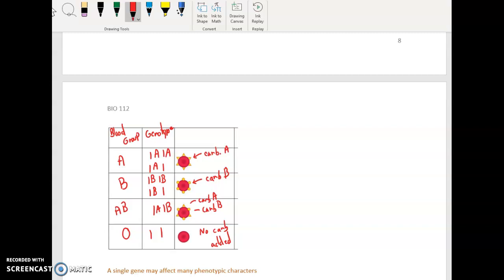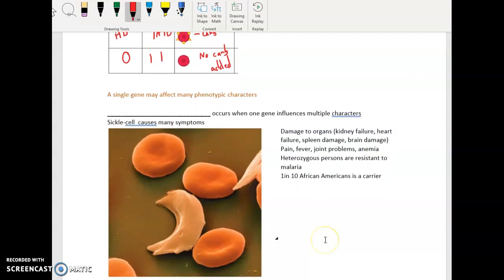Okay, so sometimes a single gene can affect many phenotypical characteristics. This is pleiotropy, and the example given in your textbook is sickle cell. Sickle cell causes damage to organs. It causes pain, fever, joint problems, anemia. The advantage is that heterozygous persons are resistant to malaria.